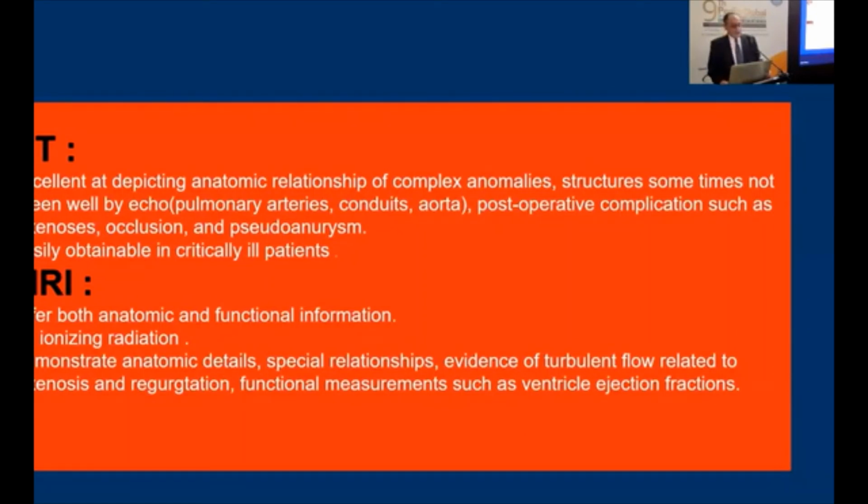CT scan is favorable because it is easily obtained in critically ill patients, as we don't need sedation.